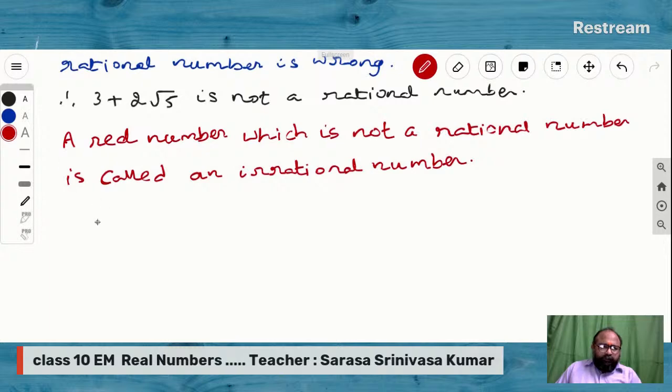Therefore, 3 plus 2 square root of 5 is an irrational number.